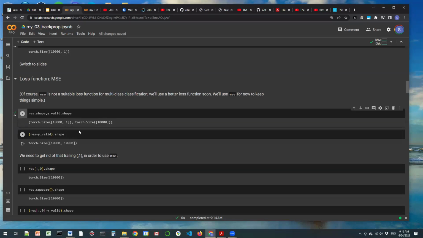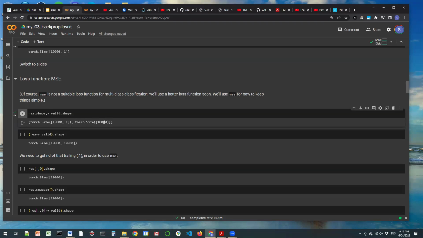Is that what we want? No, we actually want just the 10,000 values that the output of our network has predicted to be subtracted from the 10,000 values of our Y valid. But in order to do that, we need to make sure that these shapes match for that subtraction.